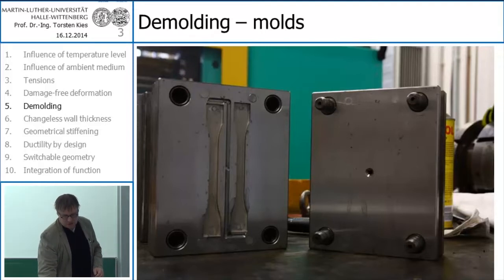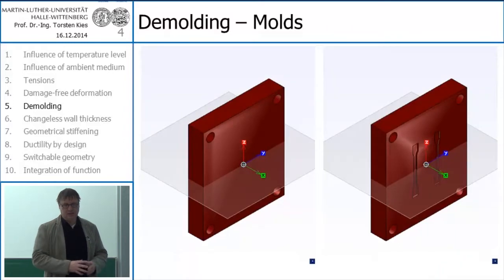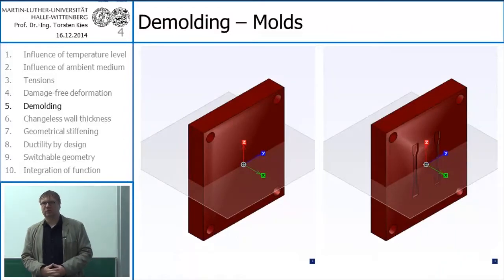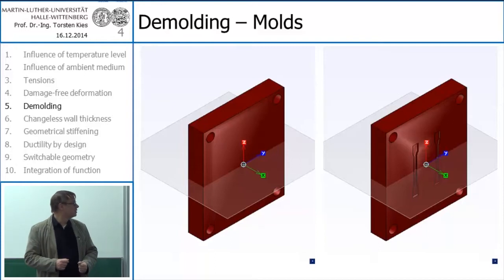Now I show you the testing body, and in the next slide I want to give you some information about the production of the molds. You see a normalia, you buy it in your factory, and then you start with the processing of this.